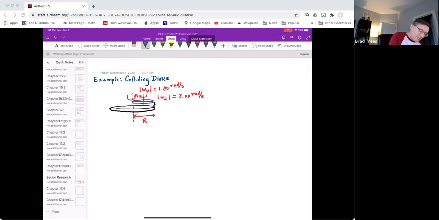So if this is the initial picture from a side view, I could also draw that initial picture as a top view.